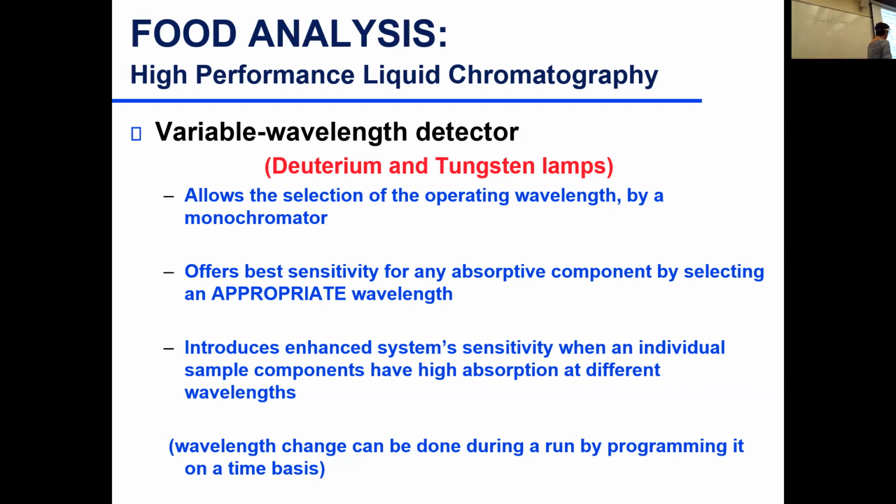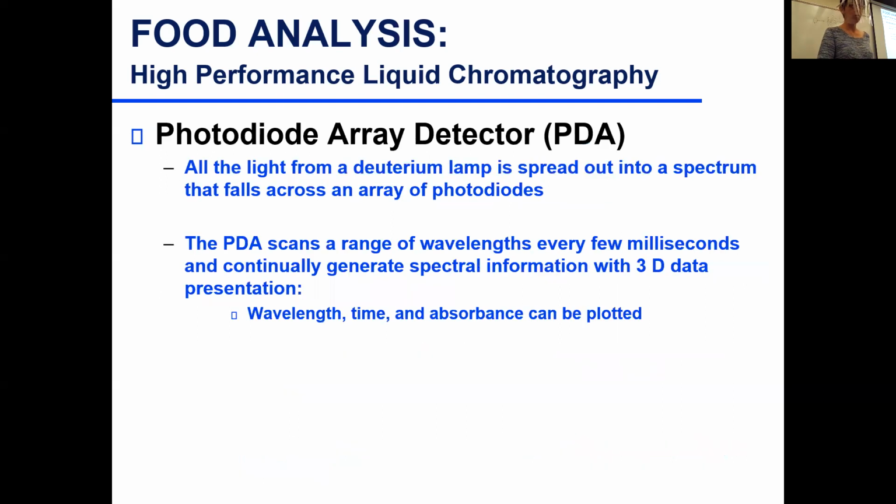Okay, the other detector that we have used in the lab is the photodiode array detector. The photodiode array detector functions a little differently. Here you get a spectrum, and you can actually see absorbance at different wavelengths.